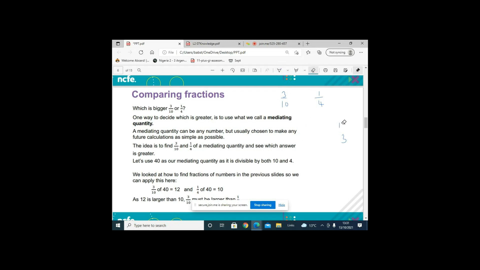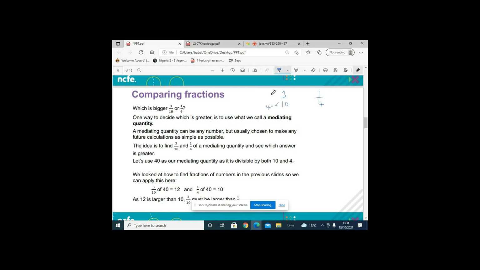Let me just show you how to do this one now. If you want to check which one is bigger between these, you make sure they have the same denominator by finding the LCM, which I can just pick as 40.